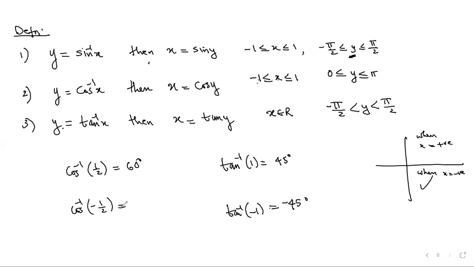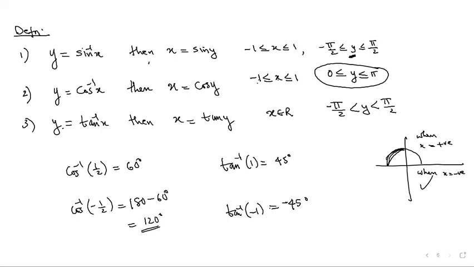It won't be -60, because cos inverse value lies between 0 and pi, 0 to 180. And when does cos become negative? Which quadrant? Second quadrant. So your answer will be 180 minus 60. It will be 120 degrees.